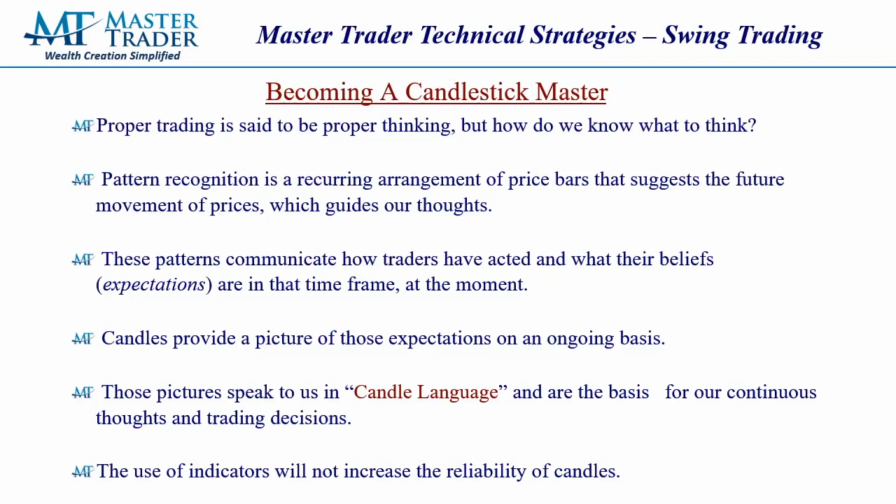Location is very important. Trend and location, because candles by themselves can be, not meaningless, but as I mentioned to you a few slides ago, a red candle in an uptrend doesn't get the respect that it does in a downtrend. I'm not going to act on a red candle to sell an uptrend short.